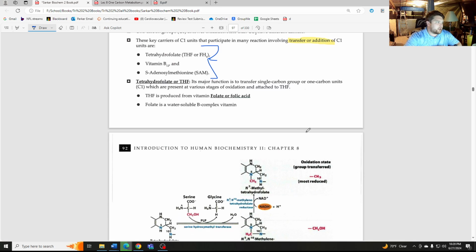Starting with tetrahydrofolate. Its major function, and this is where we really want to lock in and focus, is to transfer single carbon groups or one carbon units, which are present at various stages of oxidation and attached to the tetrahydrofolate. And remember, tetrahydrofolate is B9.